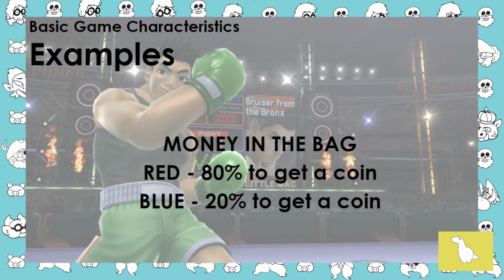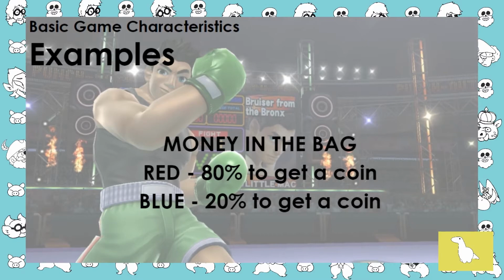The red button is going to get you a coin 80% of the time, so don't even bother with the blue. Your strategy is press red all the time. However, for positional heuristics, the money is in the bag for each player, so no one can really keep track of who has the most money until you count it at the end and work out who wins. So the strategy is very obvious, but the actual positioning within the ranks is much trickier.